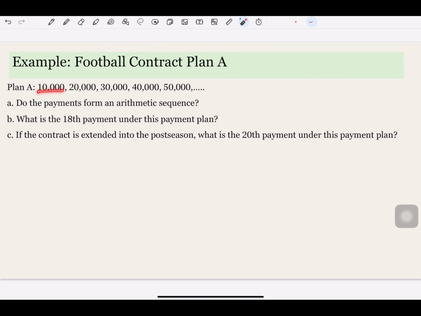The numbers are 10,000, 20,000, 30,000, 40,000, and 50,000, and it goes on. Clearly we can see that this is an arithmetic sequence with the common difference 10,000. So here d is equal to 10,000, which implies the sequence is arithmetic.